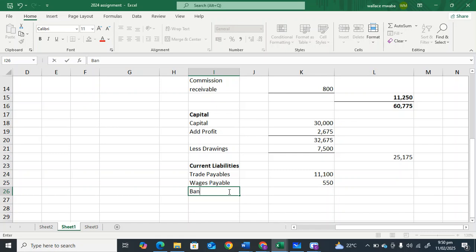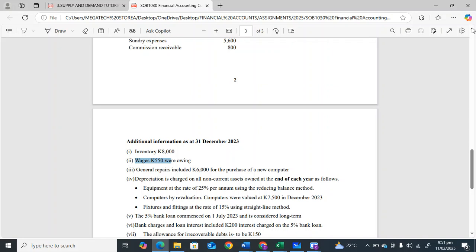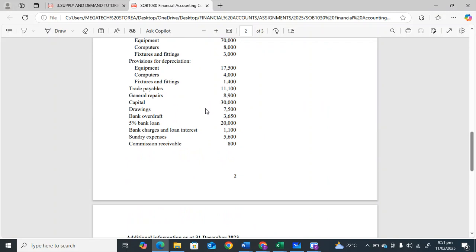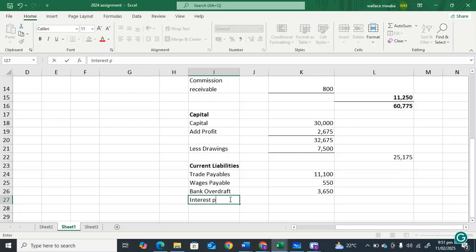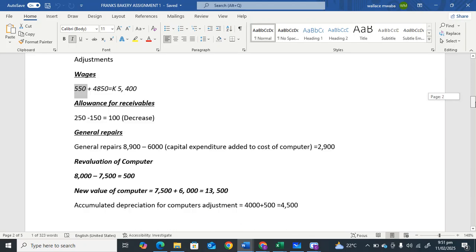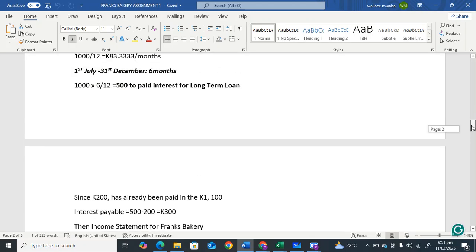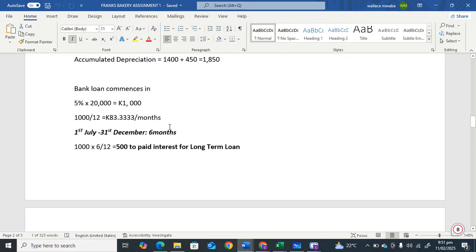We have the bank overdraft, 3,650. And also we have our interest payable, from this adjustment here, where we found out the interest that had to be paid was 500, but only 200 kwacha was paid.